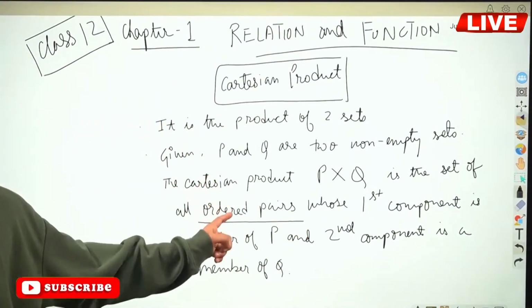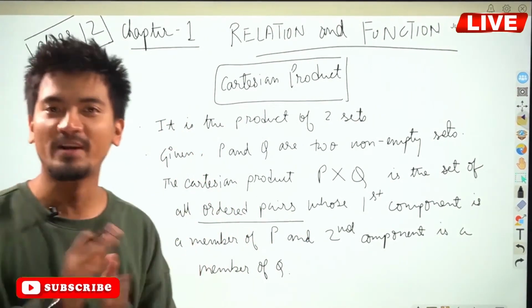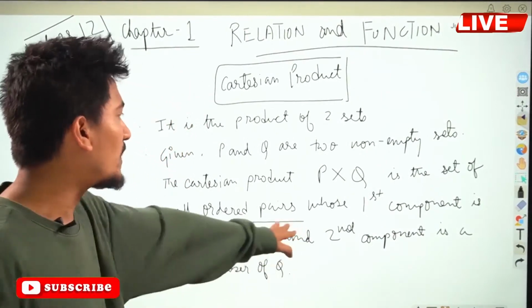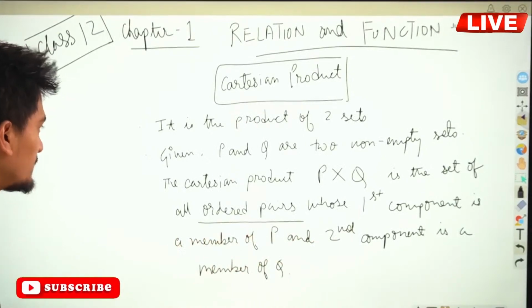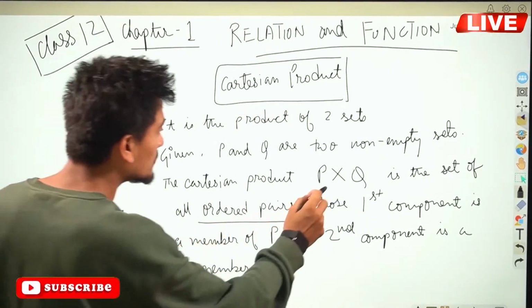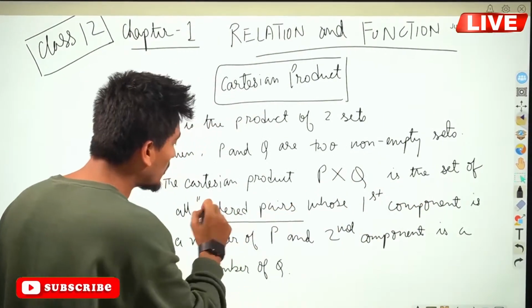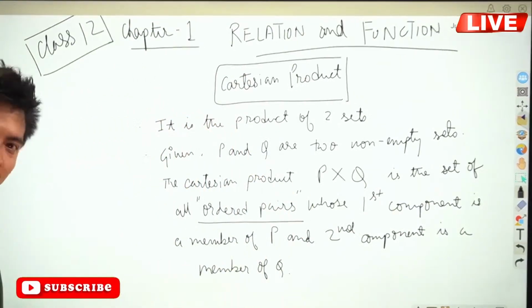This is very, very important. The ordered pairs whose first component is a member of P and the second component is a member of Q. That means the Cartesian product should be the set of all ordered pairs.